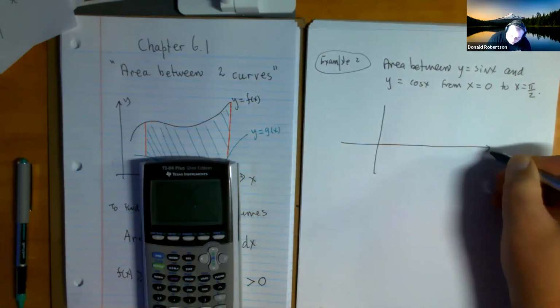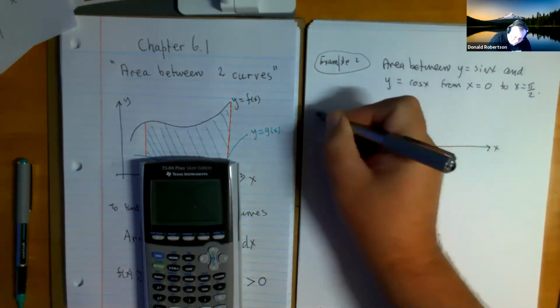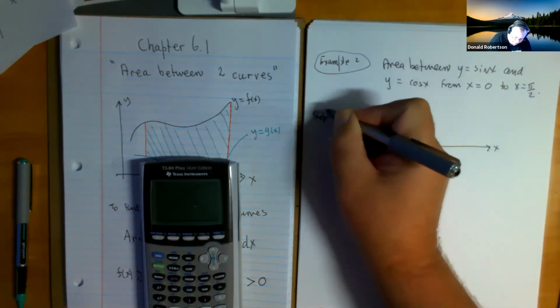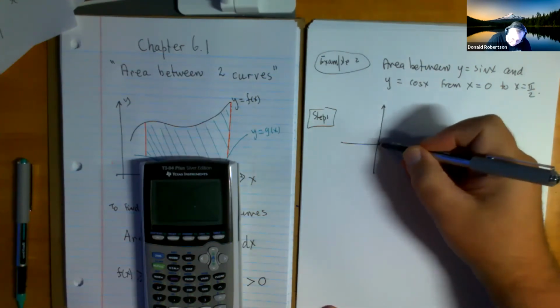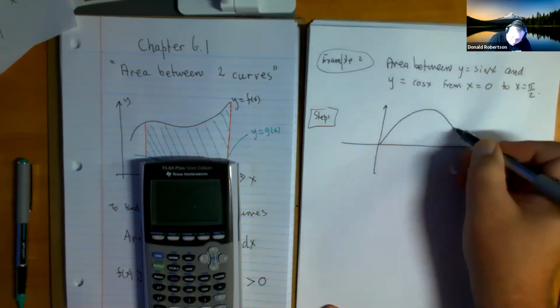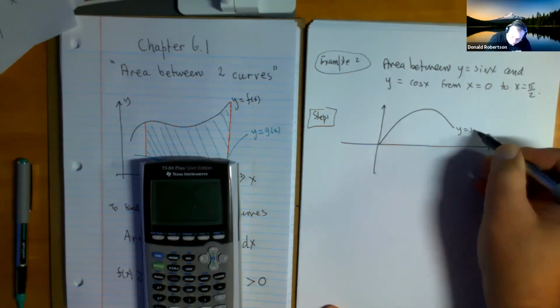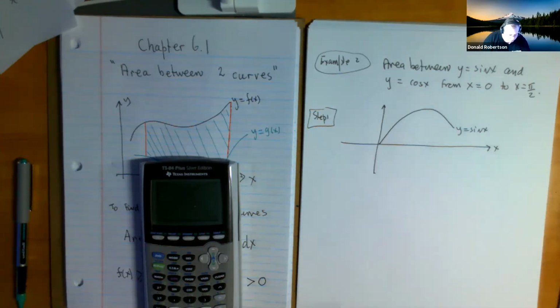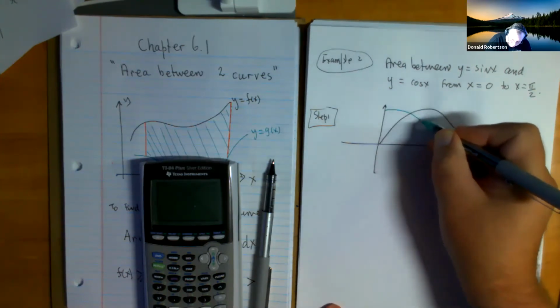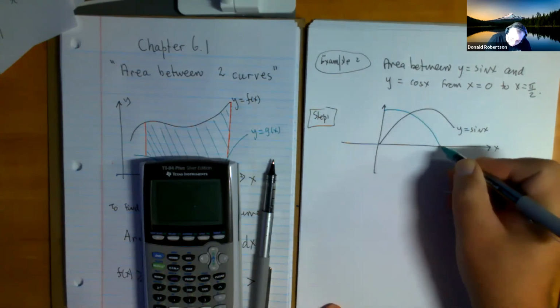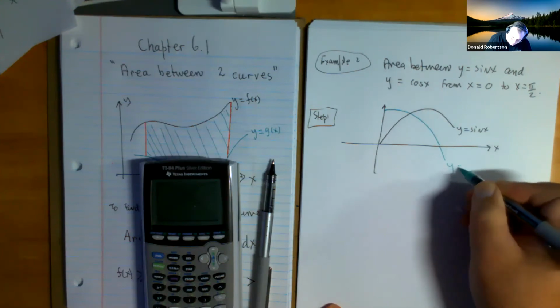I'll try and draw a sketch on my paper, my step 1. In this case, sin x goes like this. And the other one, which is cosine x, kind of keeps going, I guess, goes something like this.